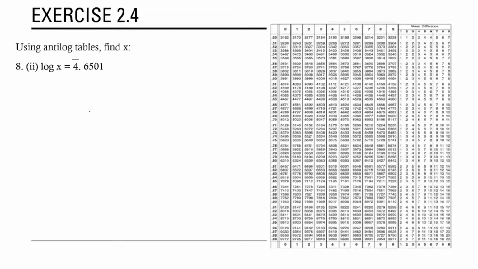The next question, log x is equal to bar 4.6501. From this we can write x is equal to antilog of 0.6501 into 10 raised to minus 4. Now we see row 0.65 and column 0. The corresponding value is 4467. Then add the mean difference corresponding to the next digit, which is 1.